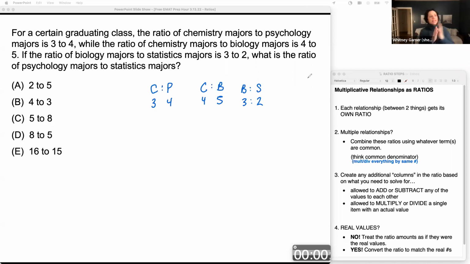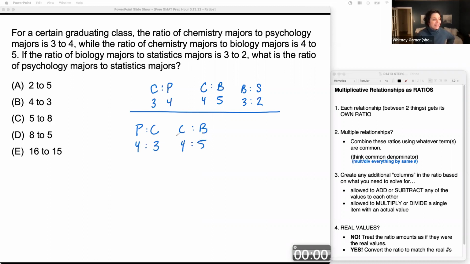So I need things that match to be next to each other. Now that it's on my paper, I'm going to rewrite this as psych to chem is 4 to 3. Chem to bio is 4 to 5.